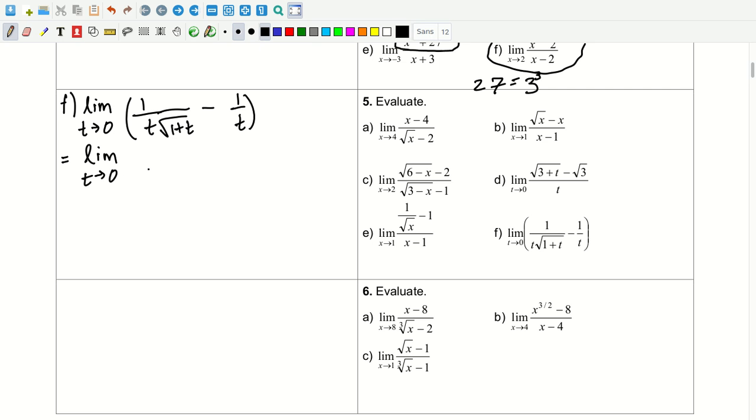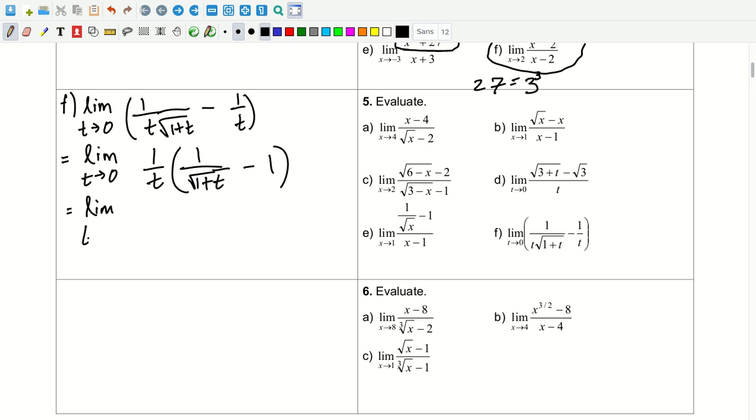Why don't we try something? Why don't we try factoring out 1 over t: root of 1 plus t minus 1.